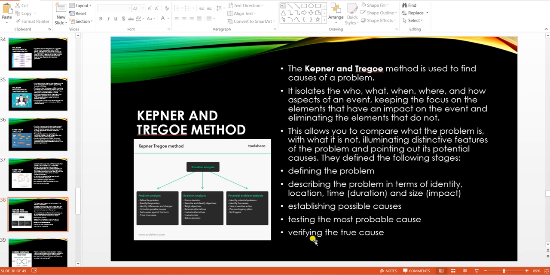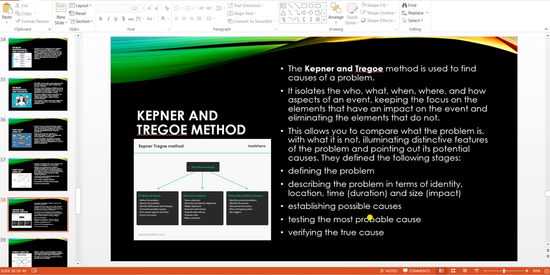Remember on the previous slide what I mentioned, for future reference, a problem may reoccur, but now on a different aspect. So this method assists us in establishing the possible causes. We might find out that the possible causes might reoccur later in the future, but in a different way.